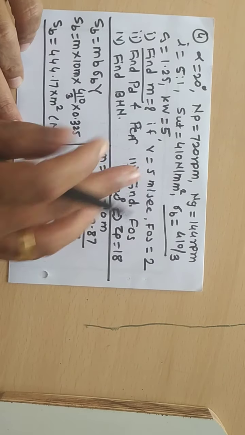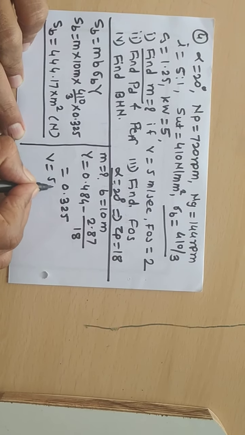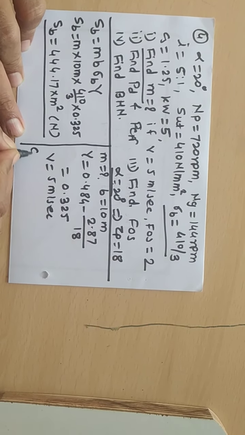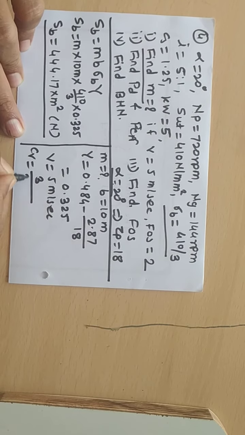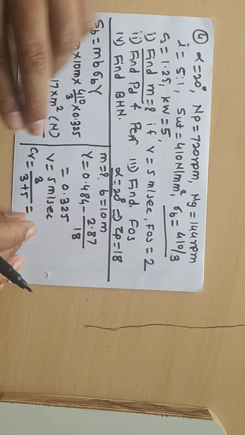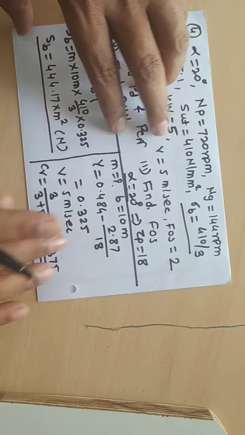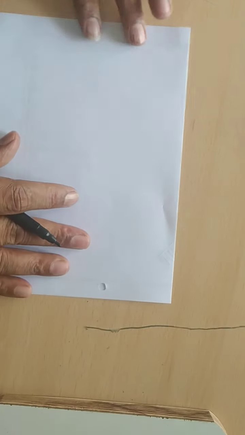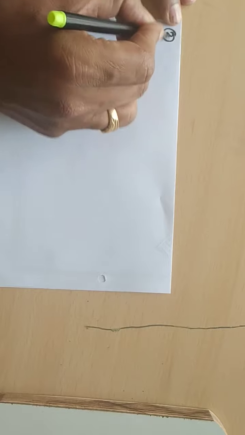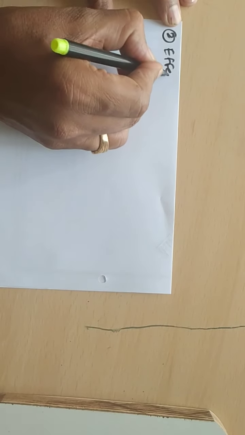Now velocity is given as 5 meter per second. Therefore CV is 3 upon 3 plus V, that is 3 upon 3 plus 5, so CV is equal to 0.375. This is the value of CV. Now find out second, that is effective load.